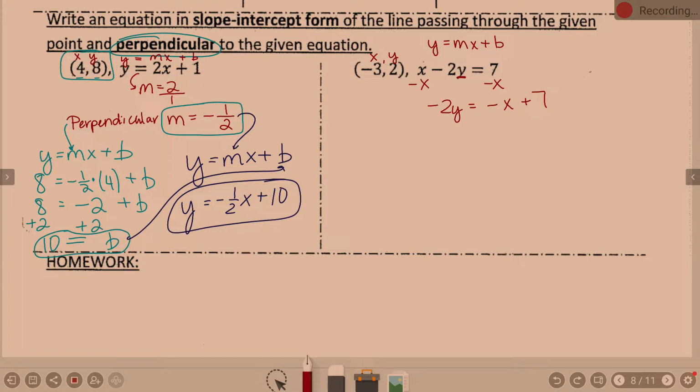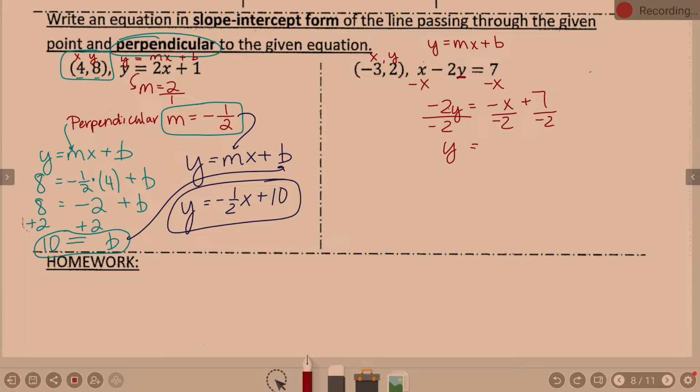To get the y by itself, if it's negative 2 times y, divide everything by negative 2. Negative 2y divided by negative 2 is the y. So now I'm going to have the y equals we were looking for.